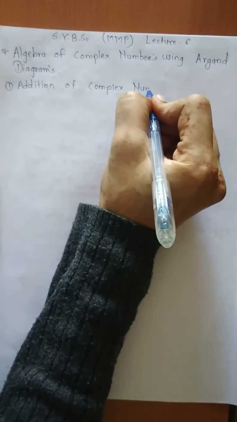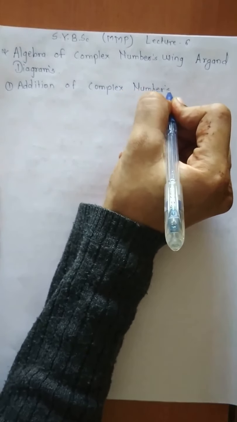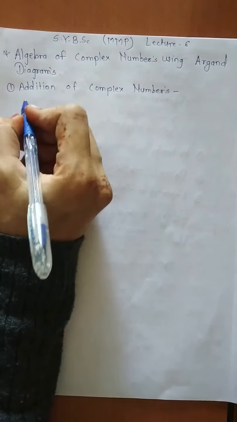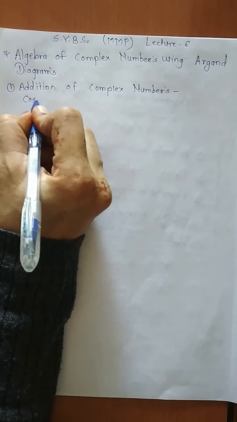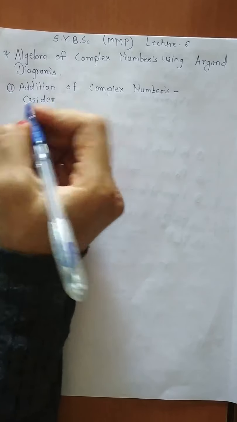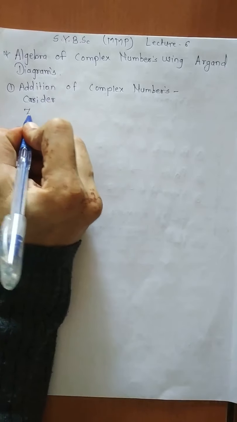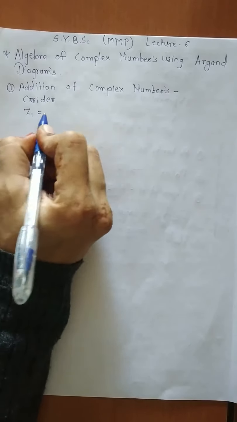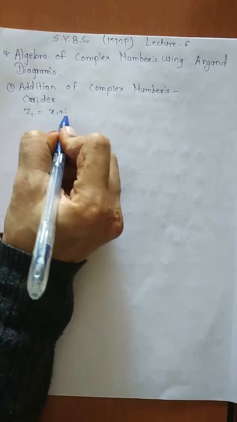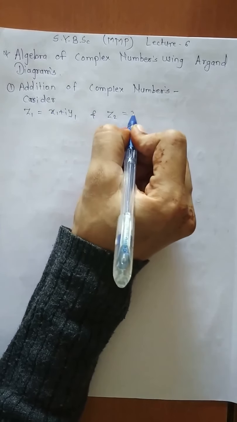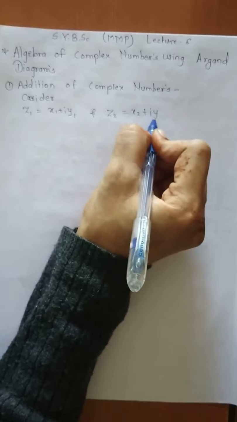For this I will need a minimum of 2 complex numbers. So I will consider 2 complex numbers as Z1 and Z2. Let me call Z1 as x1 plus i y1 and Z2 as x2 plus i y2.